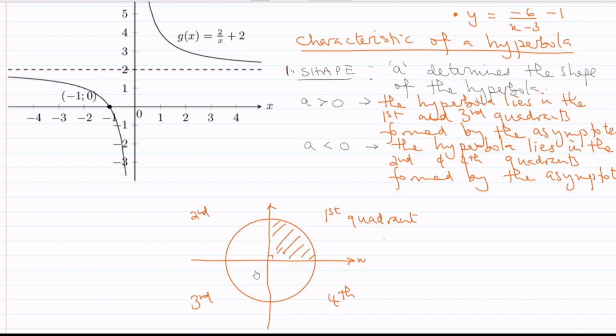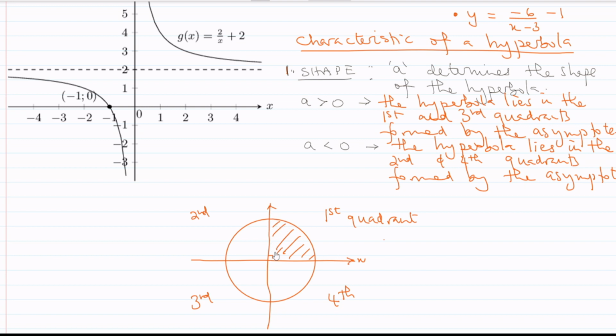So when we say that the curve lies in the first and third quadrants, we are not necessarily having a circle per se, but now we are looking at this vertical line and that horizontal line. So when we remove the circle, the vertical line and the horizontal line create this region.